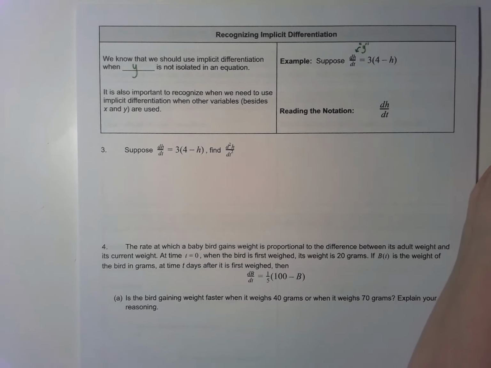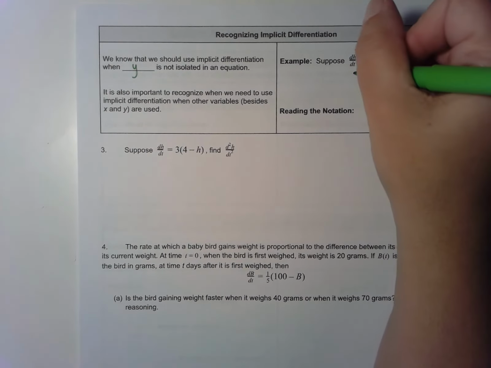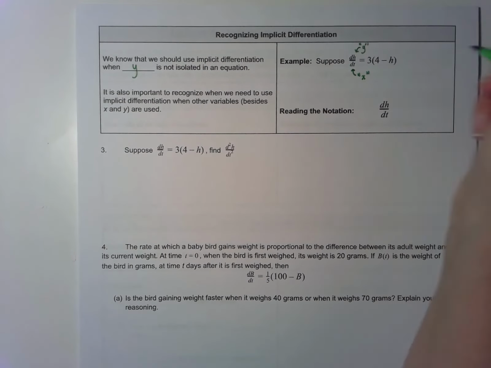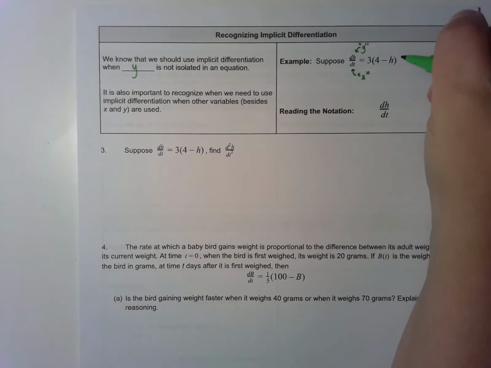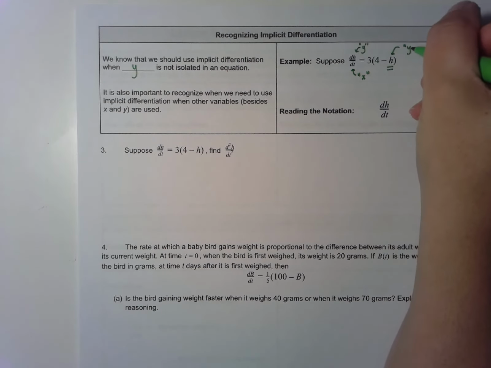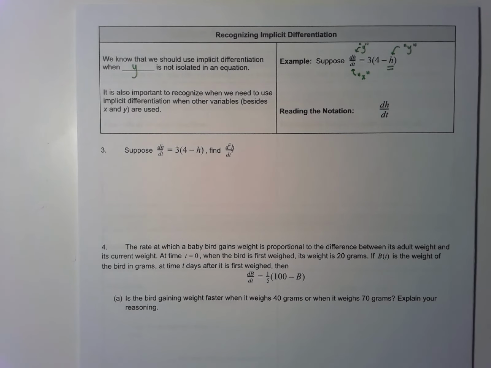And normally we would write dy over dx. And you can tell that the letter t is kind of like the x variable, the input variable. Because the h is acting like an output variable, you can see that this is kind of like having a y built into the equation.